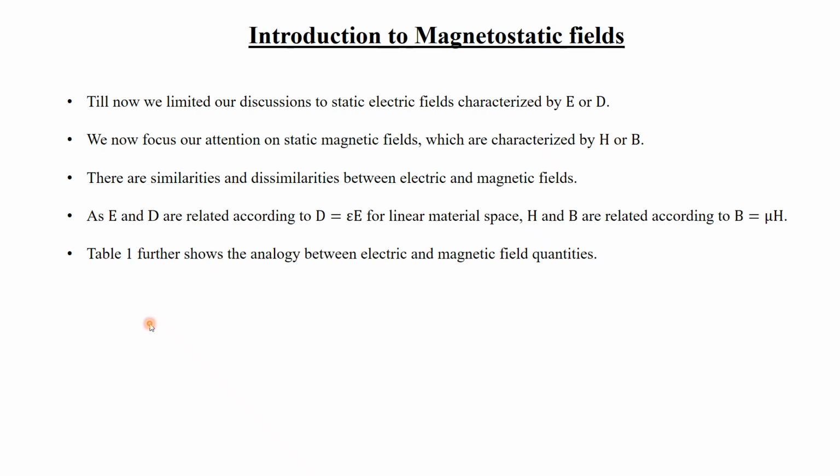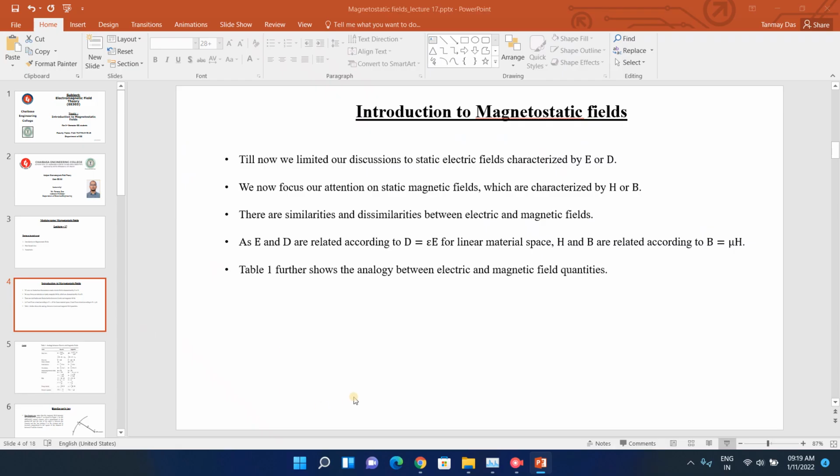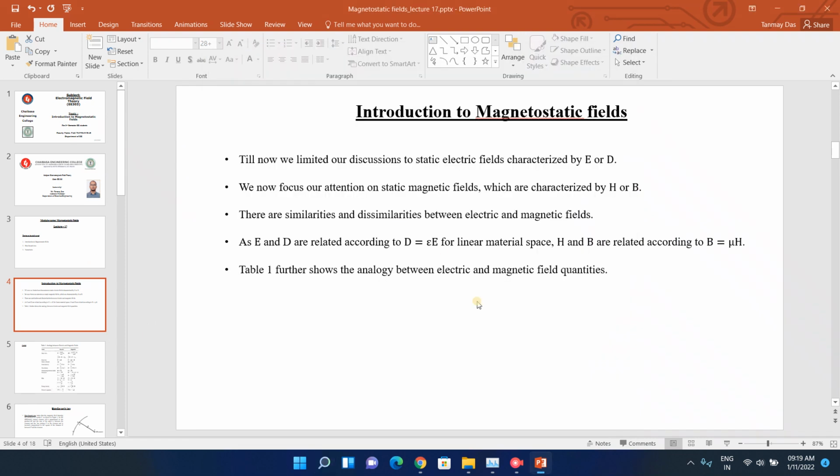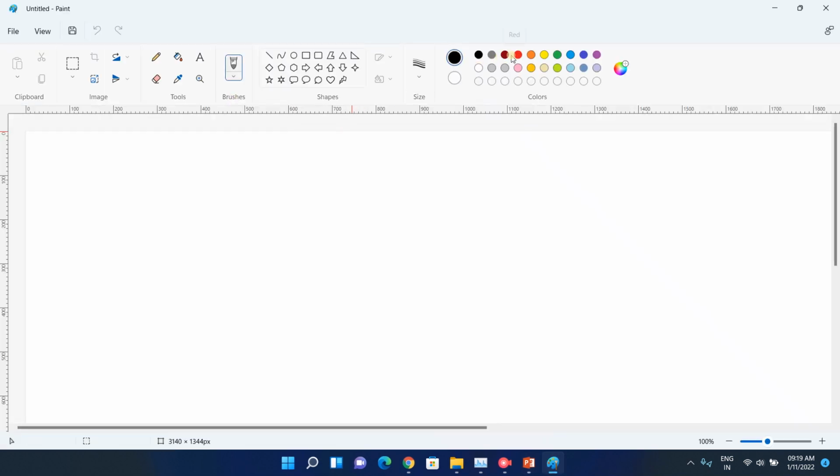Electric flux is different. If I show you, it will be easier for you to understand that these two things are very different.